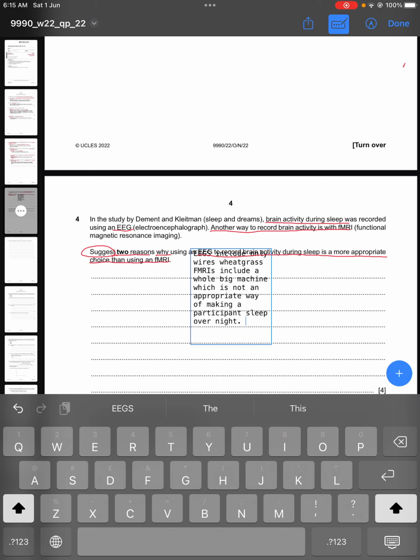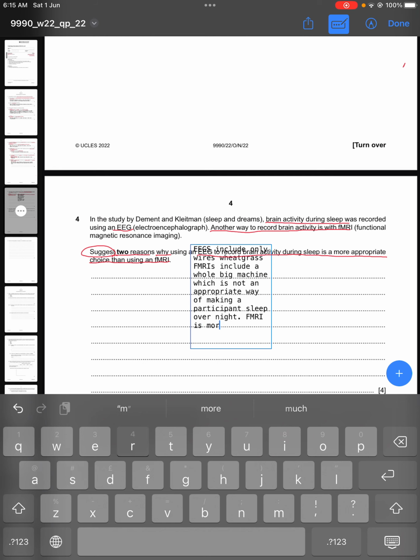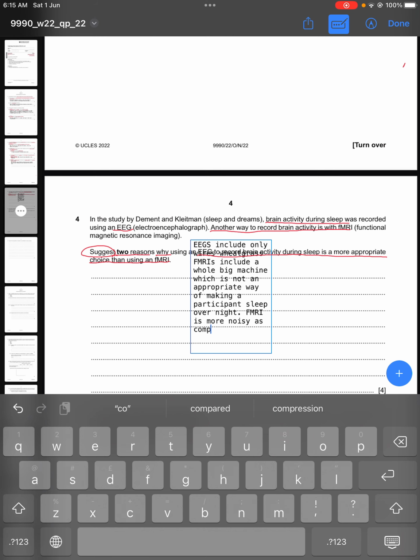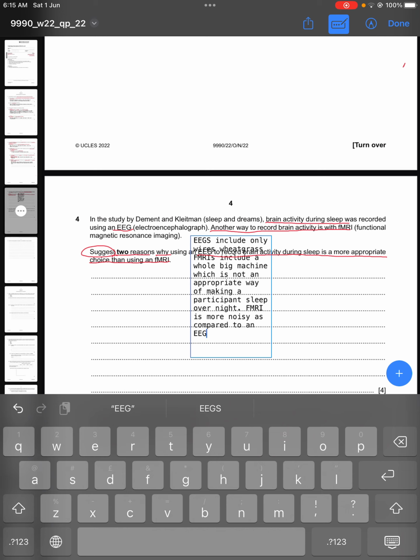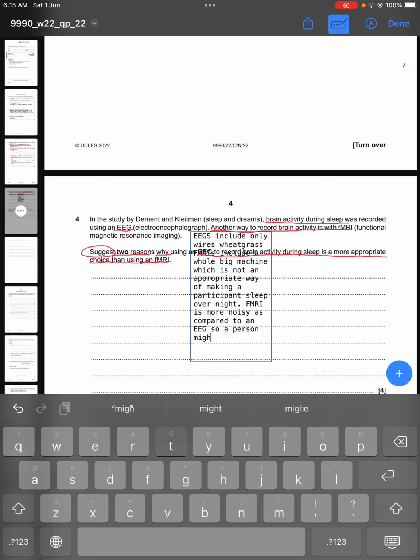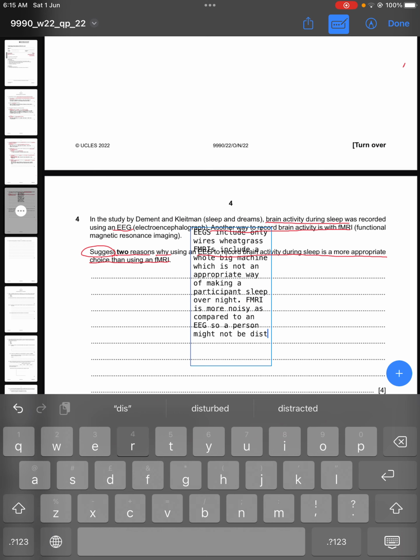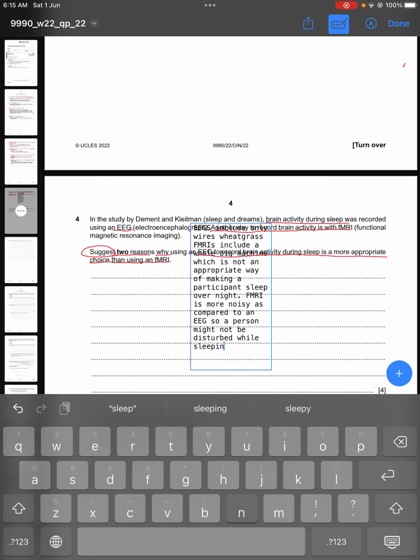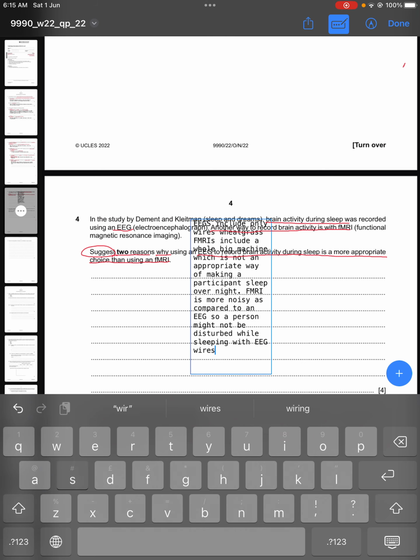Then you can write how an fMRI is more noisy as compared to an EEG. So a person might not be disturbed while sleeping with EEG wires attached.